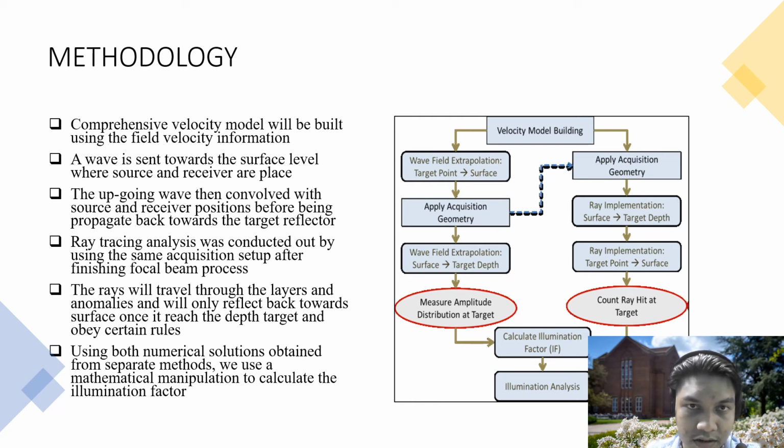The reflected rays are detected back at the surface level, and only those rays will be used for the ray hit count. Then using both numerical solutions obtained from the separate methods, we use a mathematical manipulation to calculate the illumination factor, and the outcome from this factor will be used as the basis for new illumination analysis. This methodology is further summarized in the figure here.